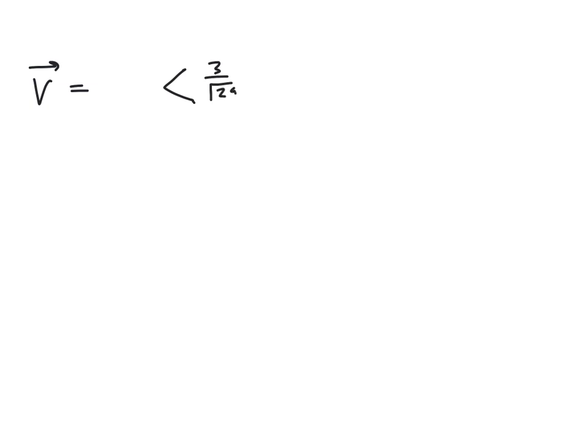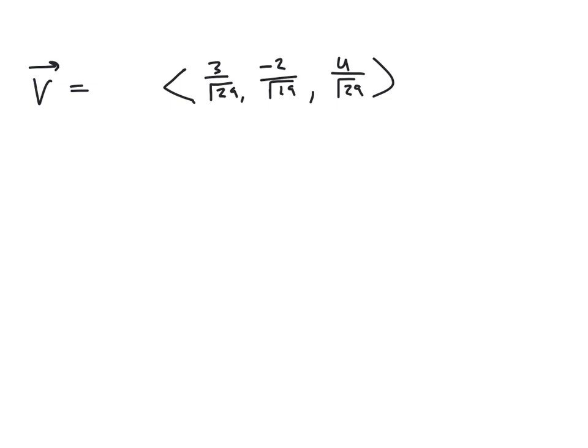That was 3 over square root 29, negative 2 over square root 29, and 4 over square root 29. Now we know v is not equal to this vector because v had a magnitude of square root 29, and this unit vector, of course, has a magnitude of 1.